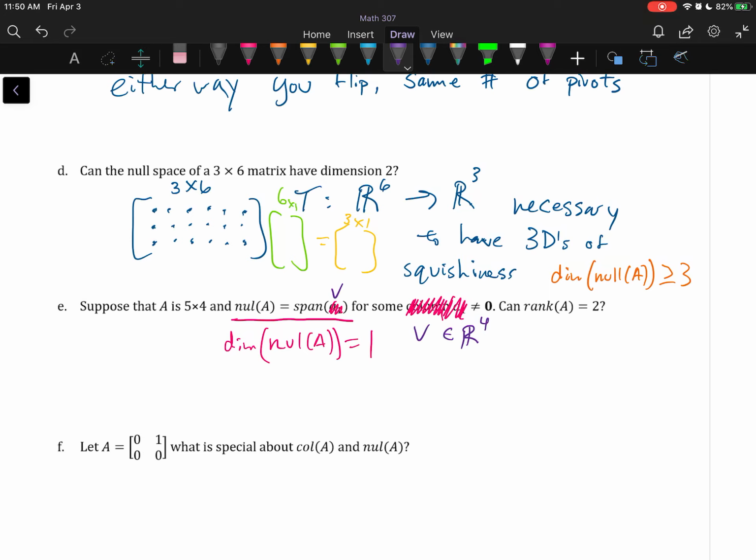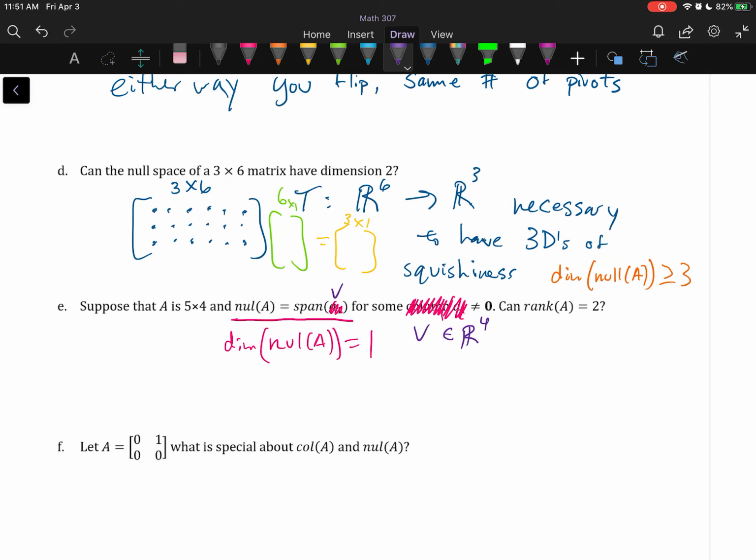This is a transformation from 4-dimensional space onto 5-dimensional space. And so we need this vector to originate from R4. And the columns of the matrix A would actually be 5-dimensional. Okay, so I made a boo-boo there. I'm sorry. Yes, this vector needs to be 4-dimensional. But the question still stands.